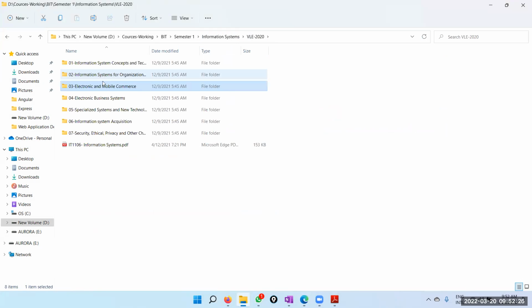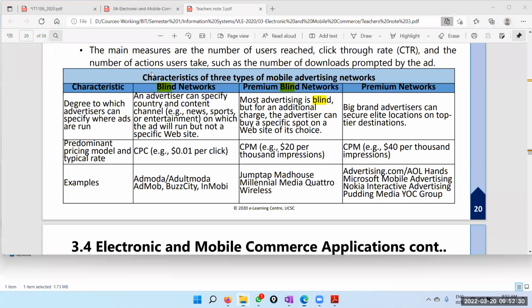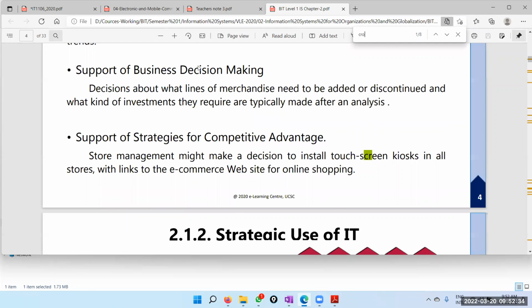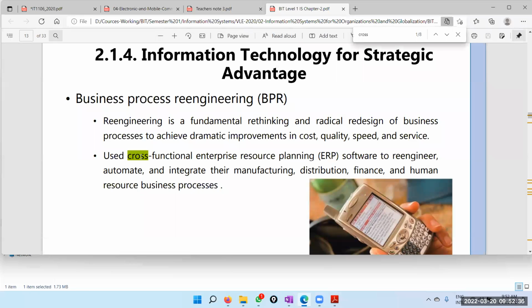I would open your VLE note straight away because it should be there definitely. Right, you can see. Use cross-functional enterprise resource planning software to re-engineer, automate, and so on.